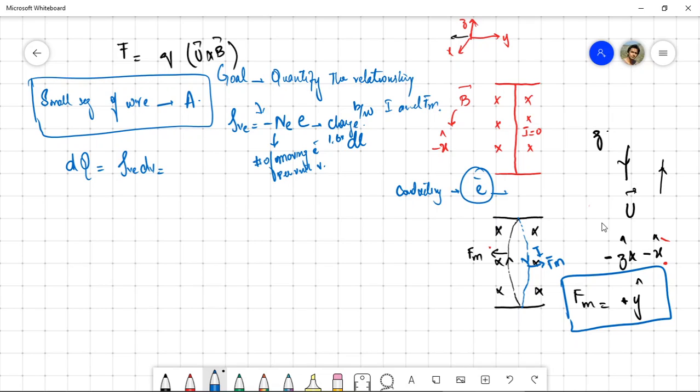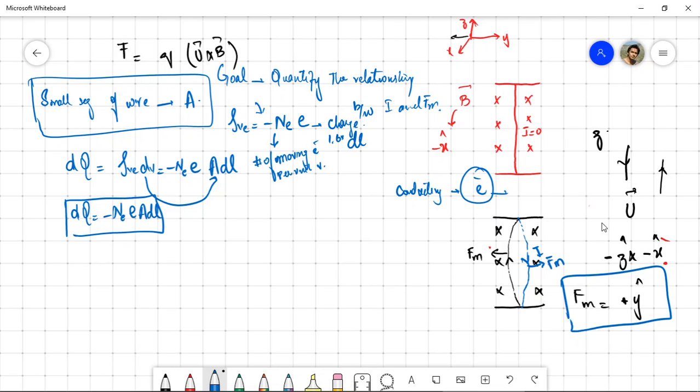The volume will be area into differential length, so we replace dv with A dl, because the area is constant and the current is moving through that differential length. And rho_v e will be minus Ne e, that is the charge. So now dq, the total charge, is minus Ne e A dl. This is the value of dq.